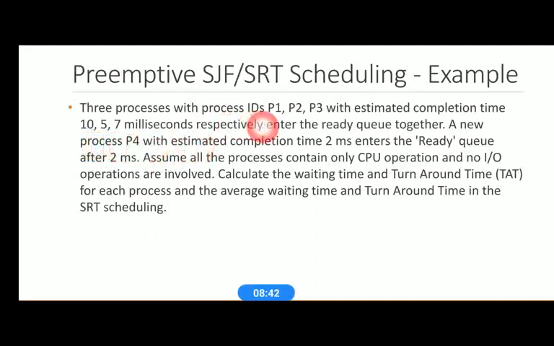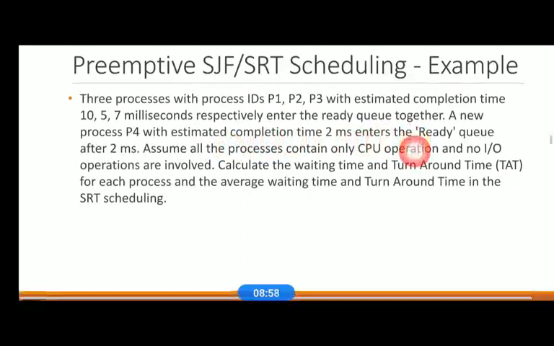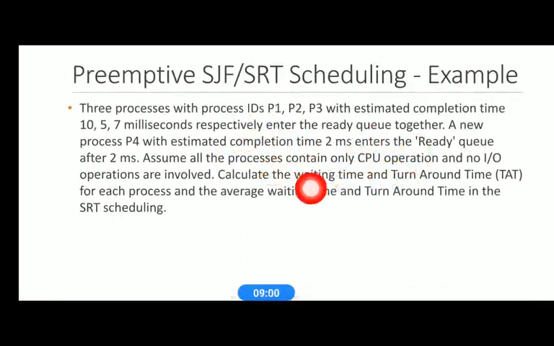It means process P1 requires 10 milliseconds for execution, process P2 5 milliseconds, and process P3 7 milliseconds. While executing these processes, a new process enters the ready queue, which has a run time of 2 milliseconds.